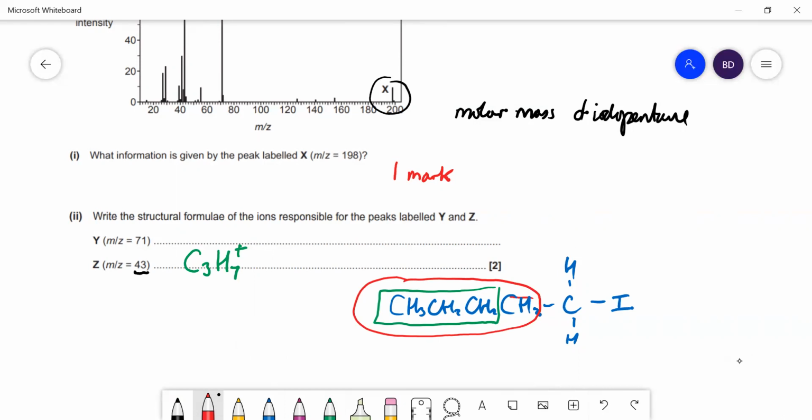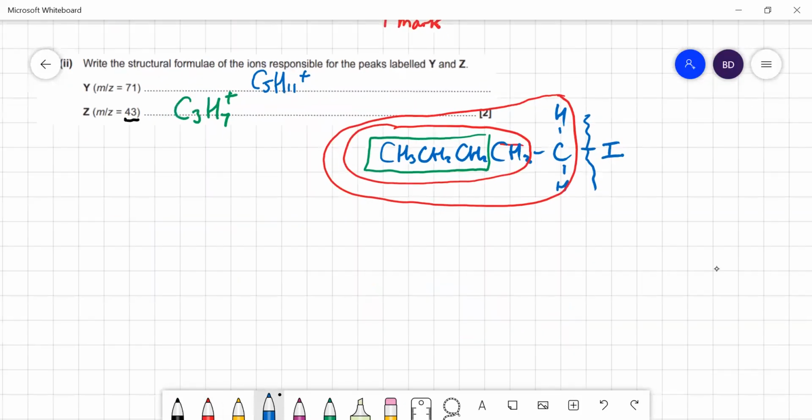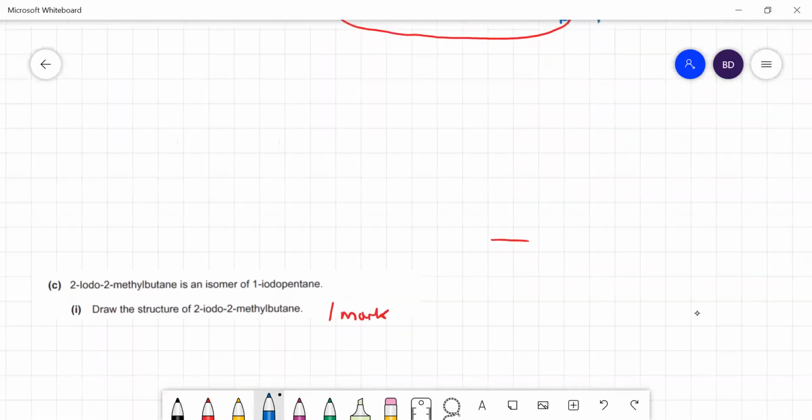But if we did all of that, you add that up, that is C5H11, and that does have an MR of 71. So basically you get fragmentation there. So C5H11 plus. Again, it's going to be a positive ion, so we need to put that there. Right, now I think that is halfway. Oh no, it's not quite halfway through the paper. We've got another question.